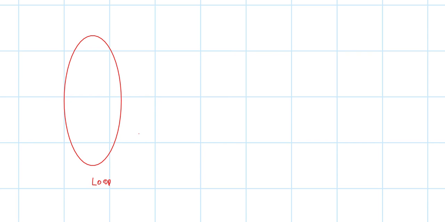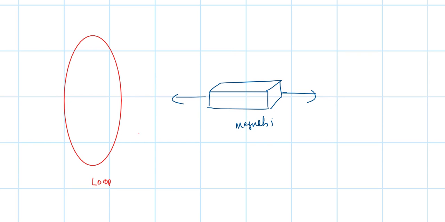And if you place any magnetic source close to the coil or the loop, and once you push or pull away the magnet, the external magnetic source, the magnetic field within the coil changes, thus inducing current.